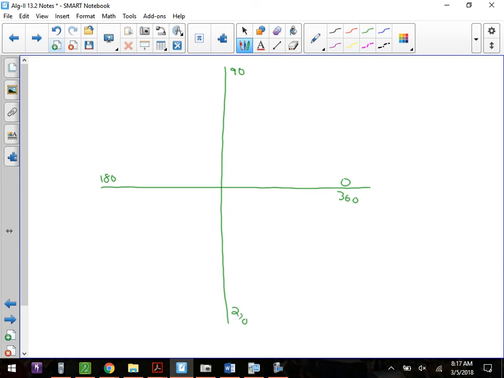If I cut 90 in half, I get 45. If I add 180 to that, I get 225. Because these are 180 apart. If I add 45 to 90, I get 135, which means over here it was 315.